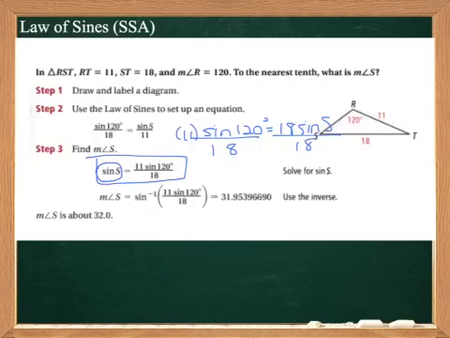So we do the inverse sine of both sides, and make sure when you plug this in, it's in parentheses, so that you take the sine on the inside and the inverse sine of the final answer. You get approximately 31.9539, and that means that the measure of the angle to the nearest tenth is approximately 32.0 degrees, and you have to have that 0 because it's said to the nearest tenth.